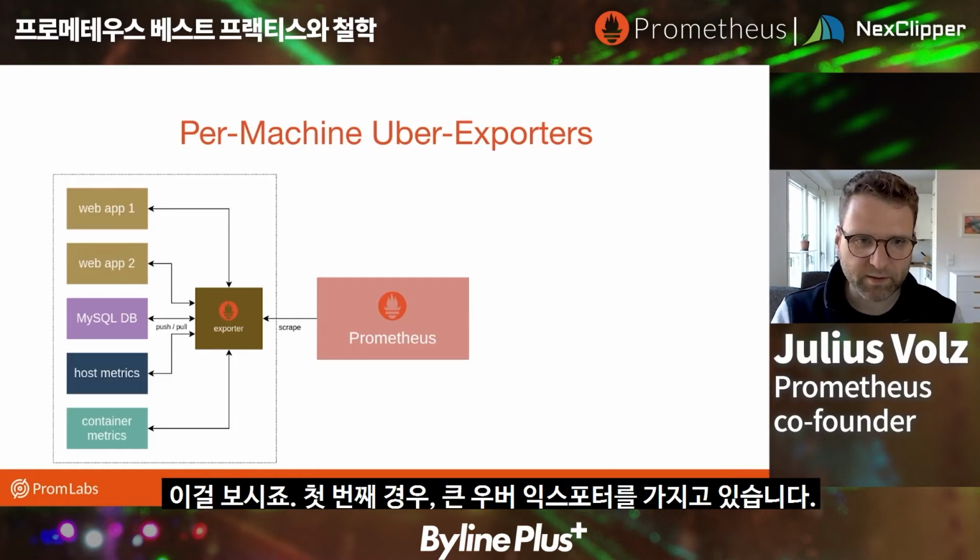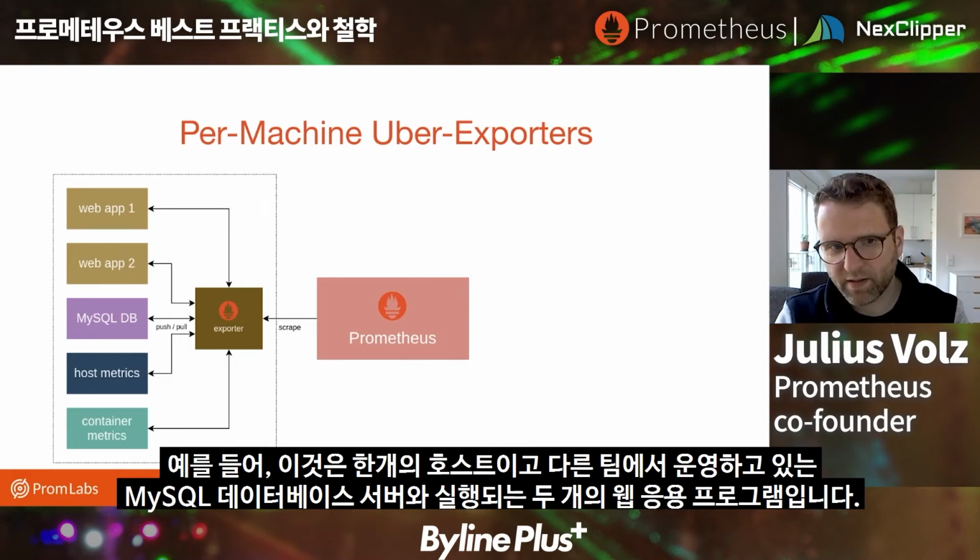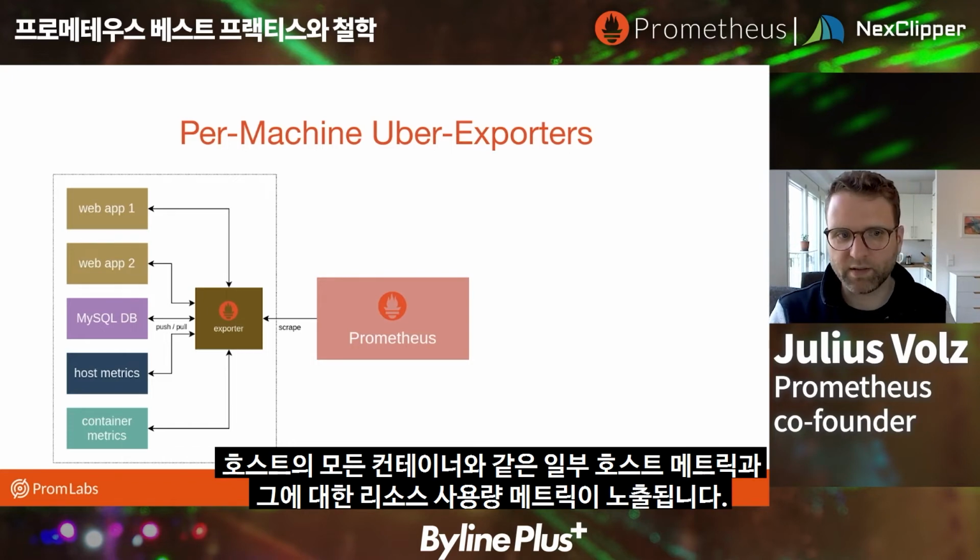So let's look at this. In the first case, we have this kind of large Uber exporter where, let's say this is a host and you have 2 web applications running on there from different teams, the MySQL database server. You're exposing some host metrics and then also resource usage metrics about that, like all containers on the host.